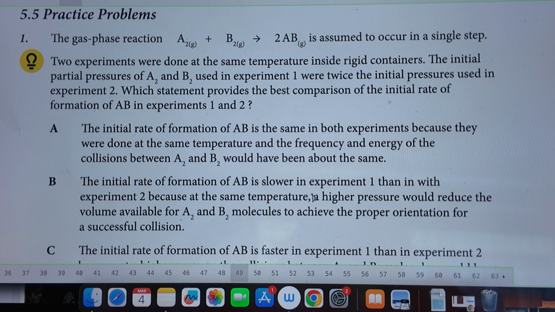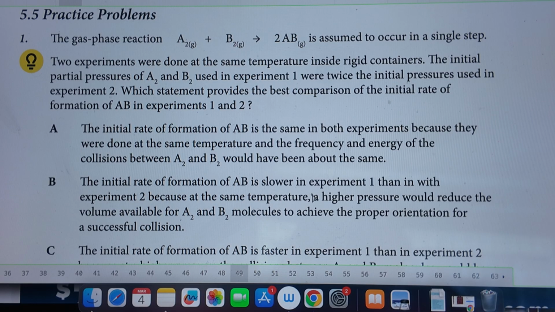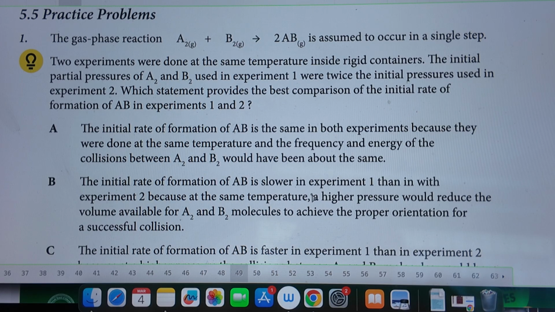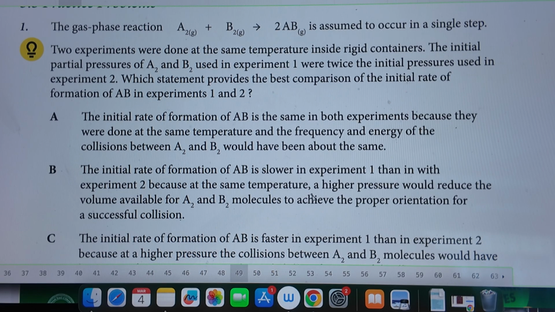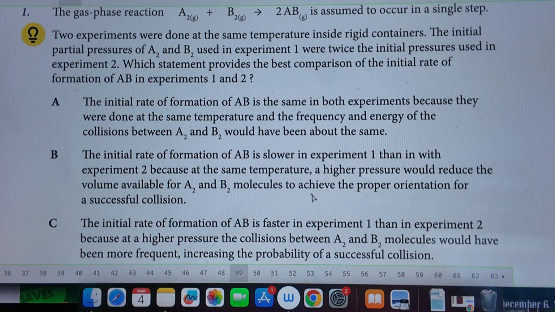2 experiments were done at the same temperature inside of rigid containers. The initial partial pressure of A2 and B2 used in experiment 1 were twice the initial pressures used in experiment 2. Which statement provides the best comparison of the initial rate of formation of AB in experiments 1 and 2? Okay.